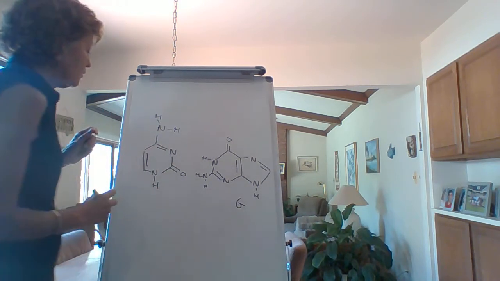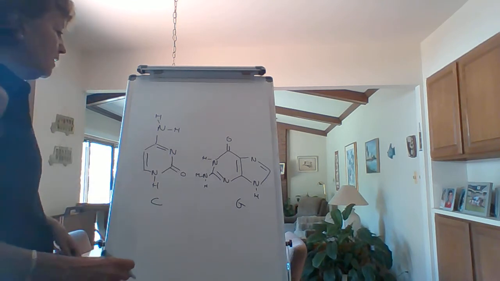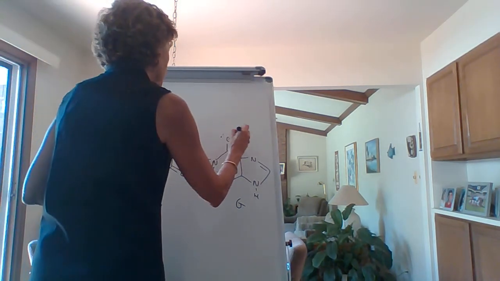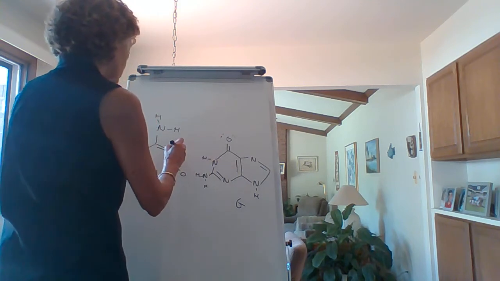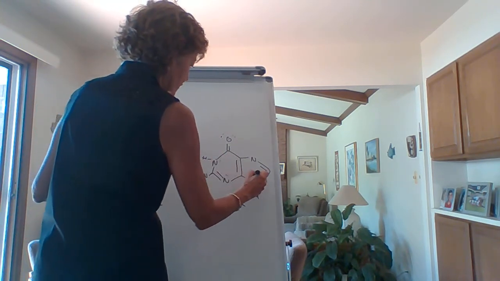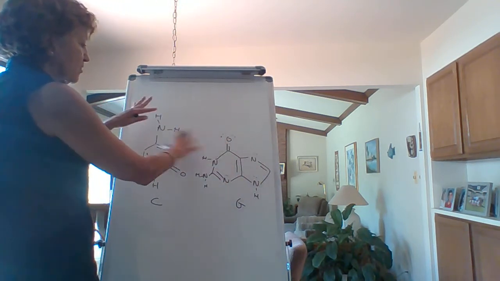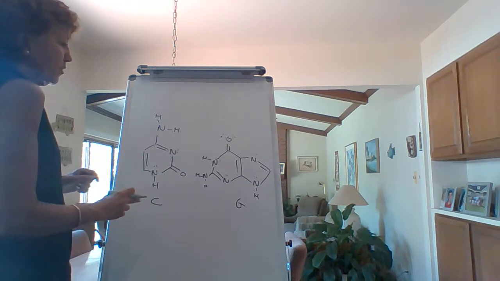There we go. So this is my cytosine. This is my guanine. I'm going to put my lone pairs where they're supposed to go. Lone pair, lone pair, honestly, I don't care about the others. I'm just focusing on where the hydrogen bonding is.